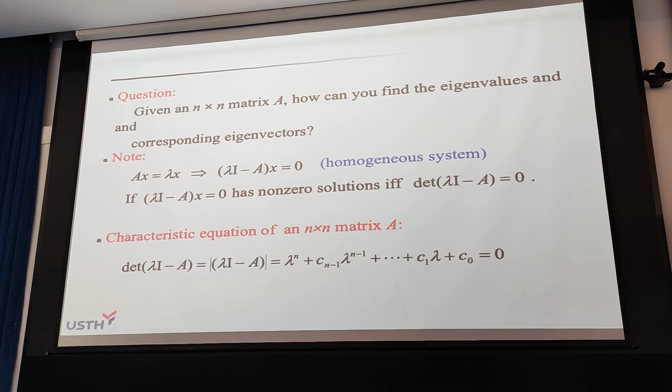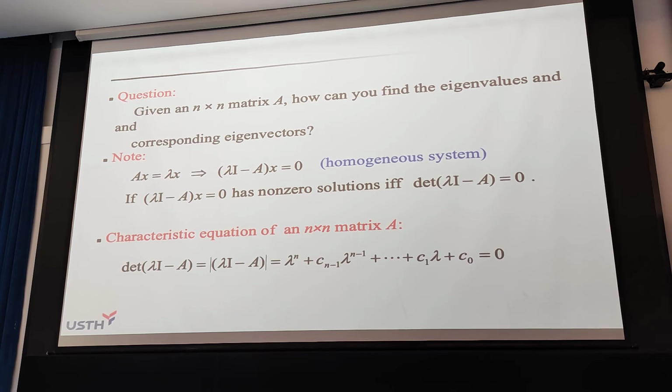Now I move that part to here. What do we get? We get lambda I multiplied by x minus Ax equals 0, or (lambda I minus A)x equals 0.